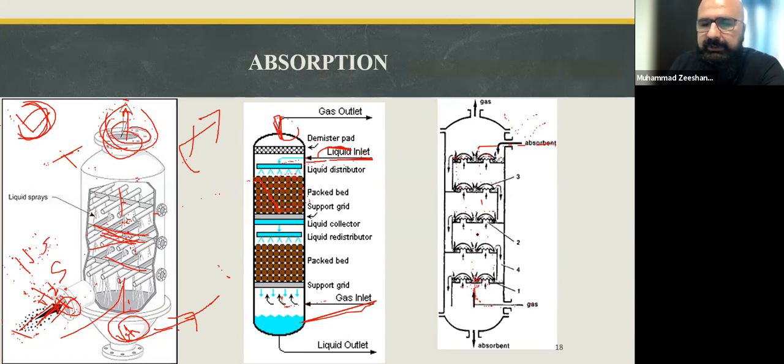And during this contact, again, the pollutant is absorbed. In literal terms, the pollutant is transferred from gas to the liquid, right? And then that liquid containing that pollutant is obtained at the bottom. At the top, we get cleaner gas. So there can be different types and arrangements and formats of absorption occurring in the industry, right?